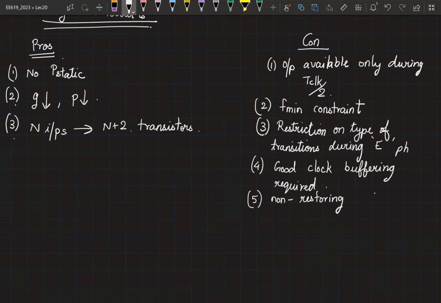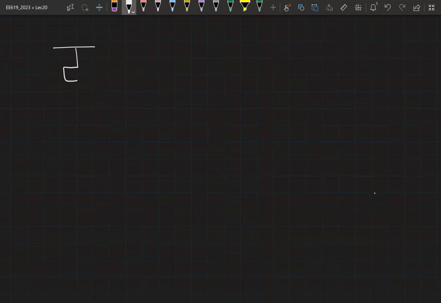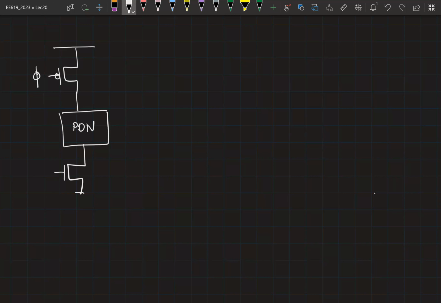Now I have a very interesting question to ask you. So far, we have been working with this architecture, right? You have the phi here. Let's assume that the logic is being implemented on the pull-down network side. And you have another phi here. And this is your output. Another possible option was to interchange the position of this PDN and this transistor.